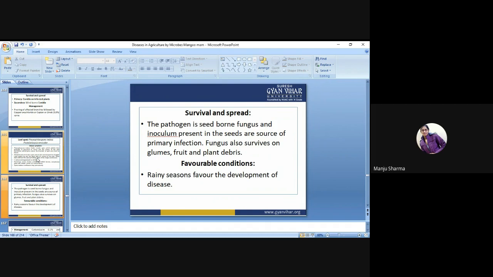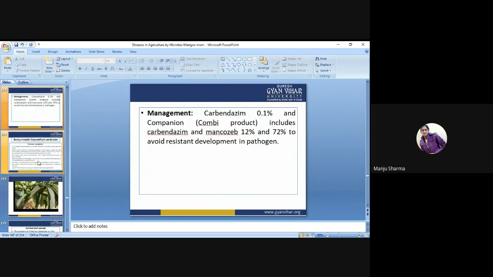Then the fungus also survives on blooms, fruits and plant debris. The favorable condition is the rainy season, which favors the development of the disease.